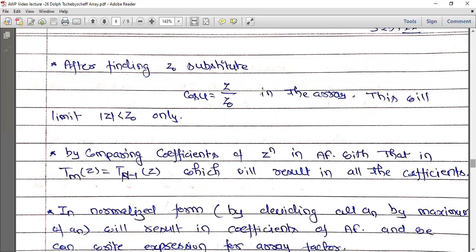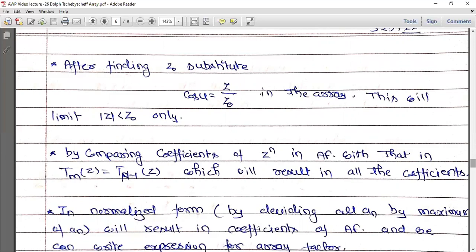We substitute cos u equals z by z0 in the array factor expression, and you get a polynomial in terms of z. You compare the coefficients of various powers of z in the array factor expression to T(n minus 1)(z). When you compare the two, you can find the different coefficients for the array factor, or for the antenna array.